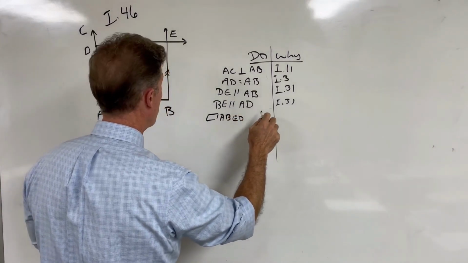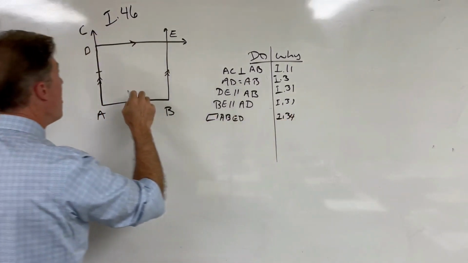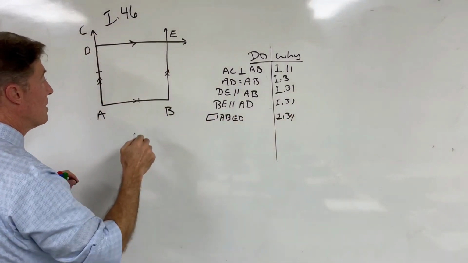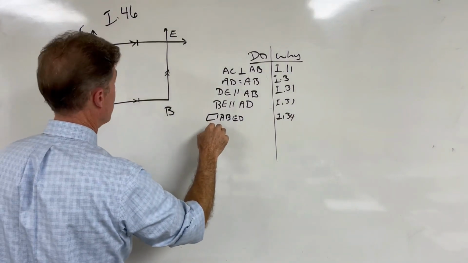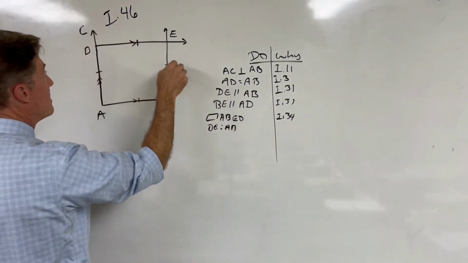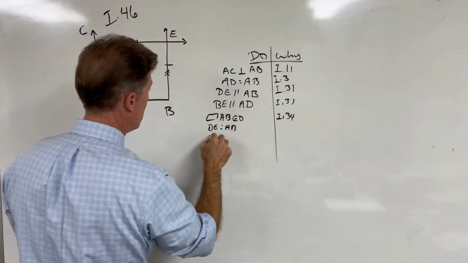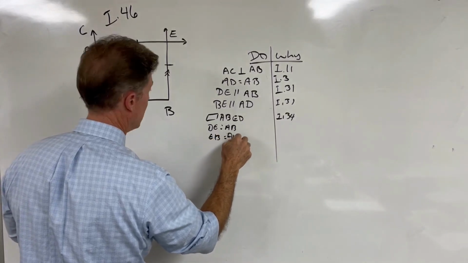And we know if we have a parallelogram, then according to Prop 34, all the opposite sides and angles are equal. So this opposite side is equal to AB, so we have DE equal to AB. And we have side EB equal to AD.